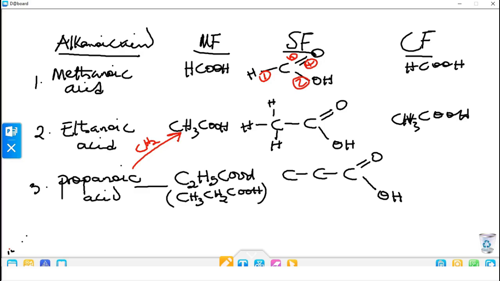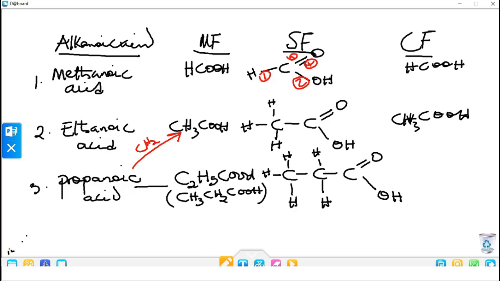So we have 5 hydrogens to be distributed between these 2 carbon atoms. The middle carbon atom is already having 2 bonds, so it's going to need just 2 hydrogens to make it up to 4. And then we have the balance of 3 hydrogens going for this other carbon atom. And this is the structural formula for propanoic acid. It goes on and on and on.